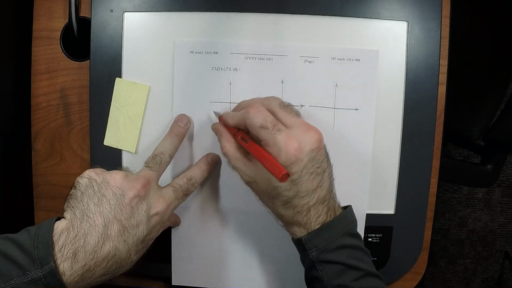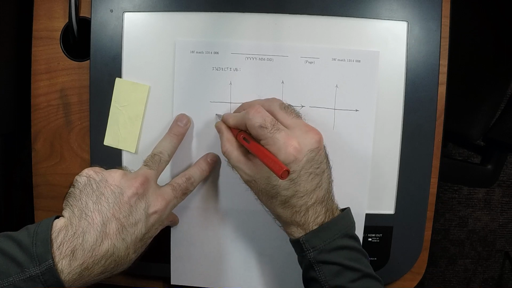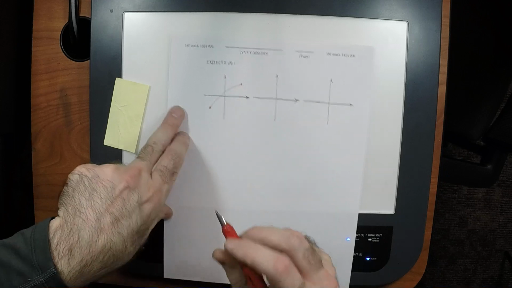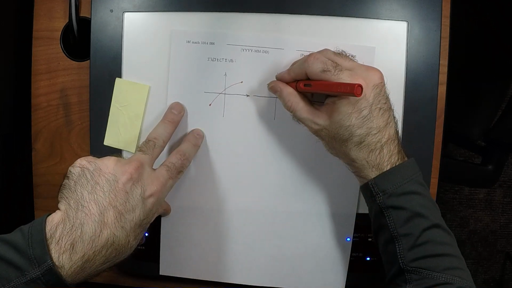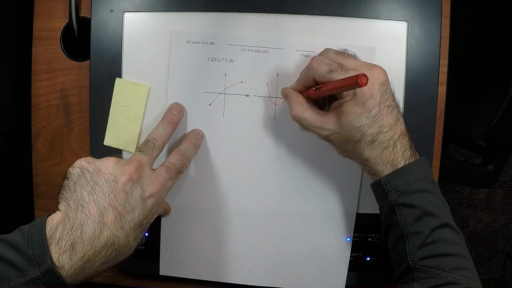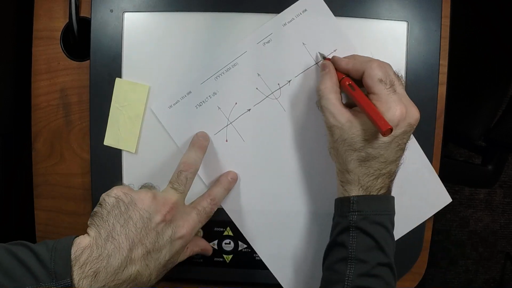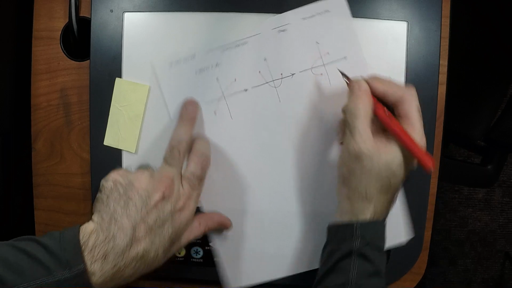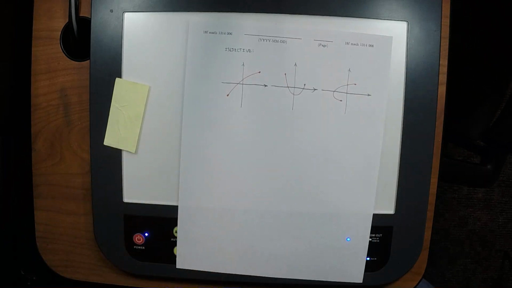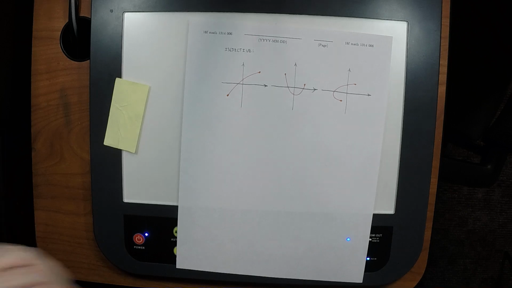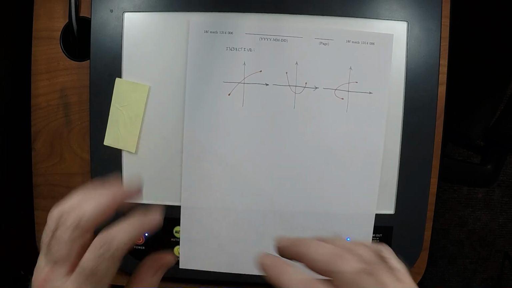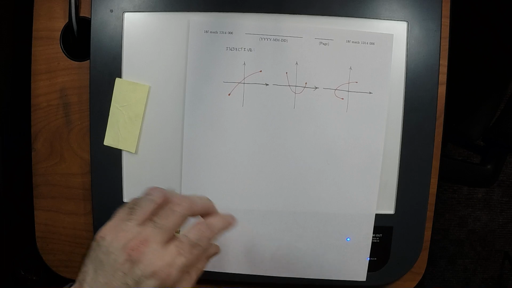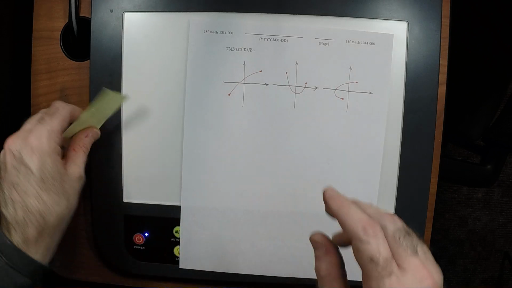So how about something like this? So that one, that one, and that one. So we're almost done here. So now, the question is, is it the case that it's injective?